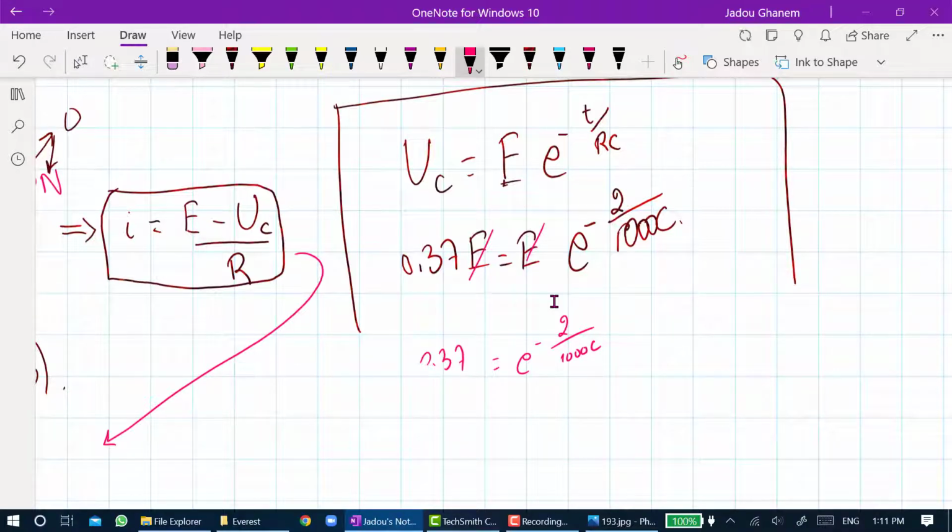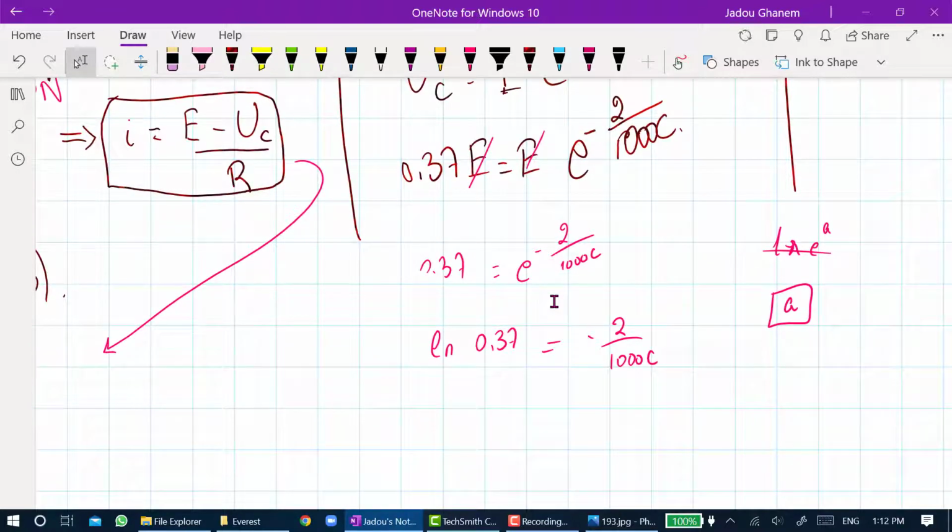Now next we must just use the ln function. So ln 0.37, you know that using the ln you will cancel out the E, so it will be ln of E to the power minus 2 over 1000 C. Usually ln E to the power A, it will be A ln E, and it's 1.